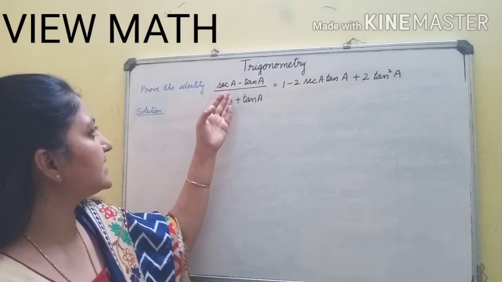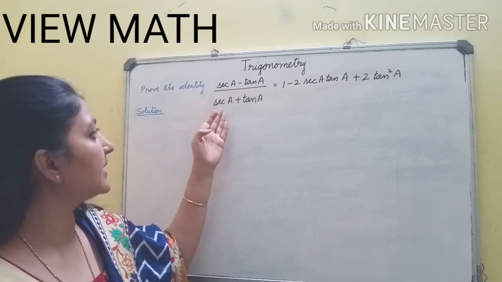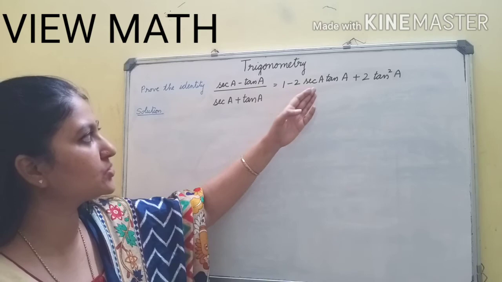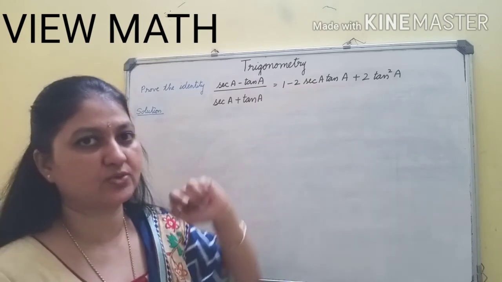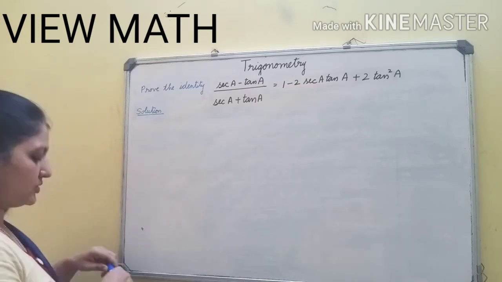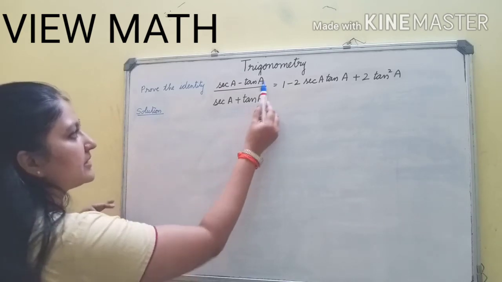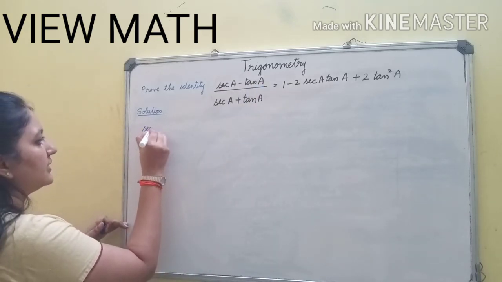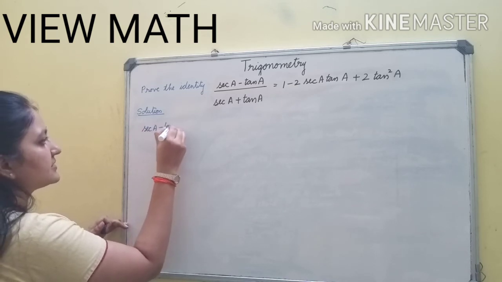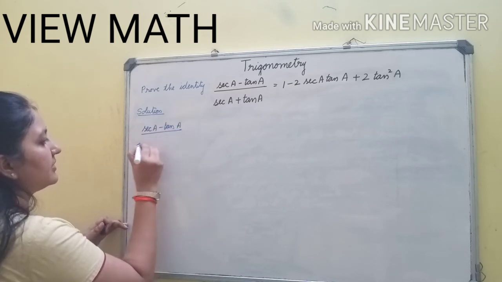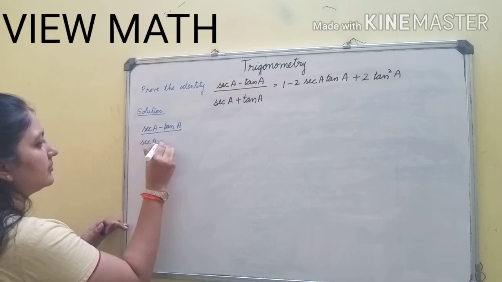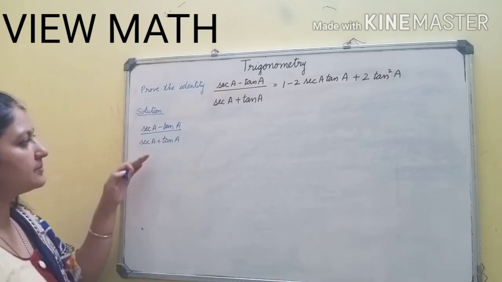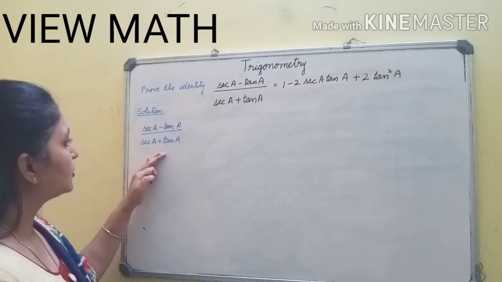Prove the identity: secant A minus tan A by secant A plus tan A is equal to 1 minus 2 secant A tan A plus 2 tan square A. Now in this problem also I am going to multiply and divide by its conjugate and then proceed. Secant A minus tan A divided by secant A plus tan A. So I am going to multiply and divide by the conjugate.